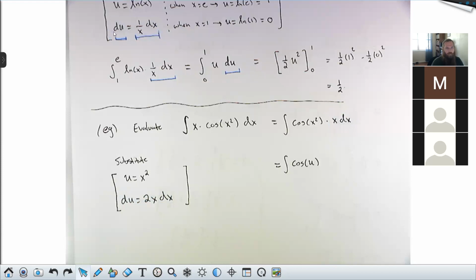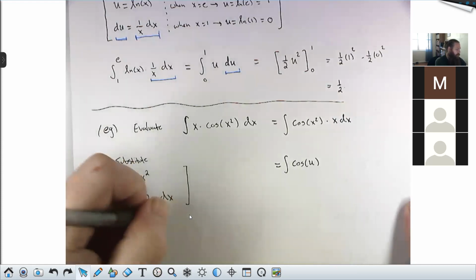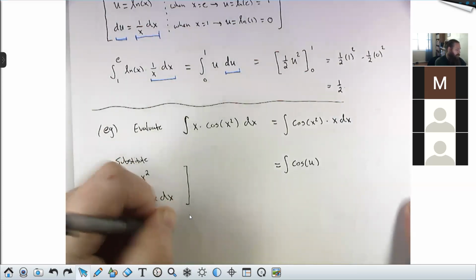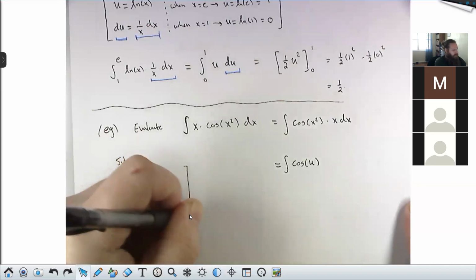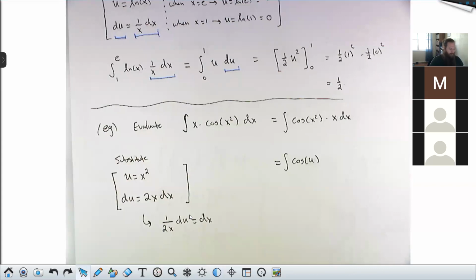So I said, one way you can attack this is to just always solve for dx. So let's do that. If I solve this for dx, then I get 1 over 2x du is equal to dx. Everybody comfy with that?